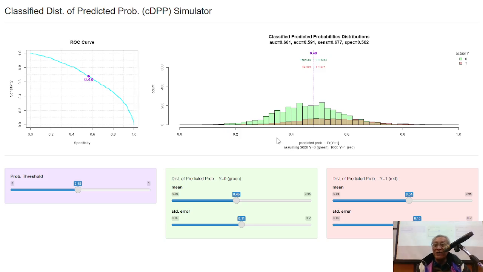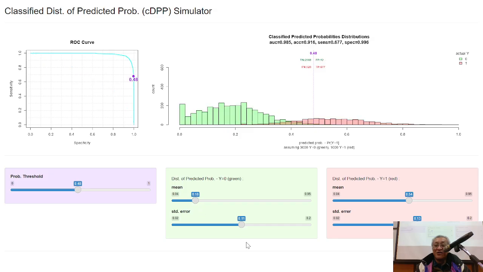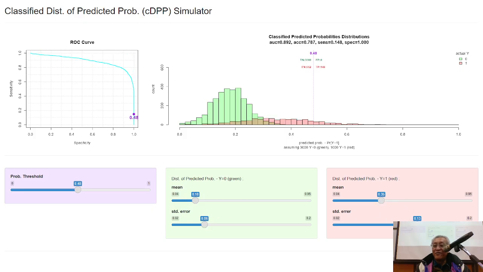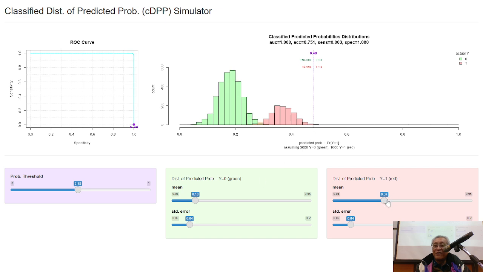But when they are not overlapped, the model can distinguish the two classes completely, so the AUC would equal 1.